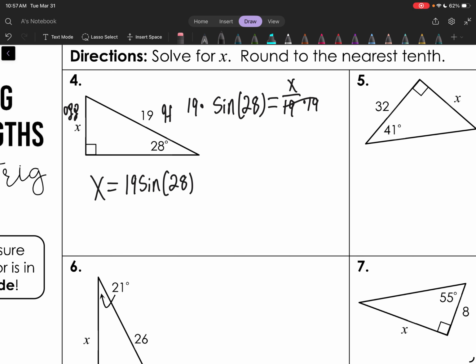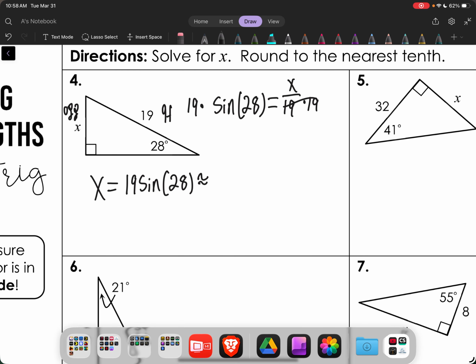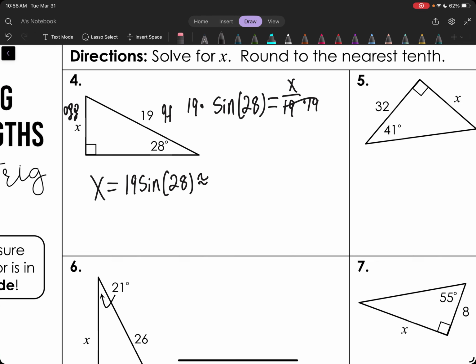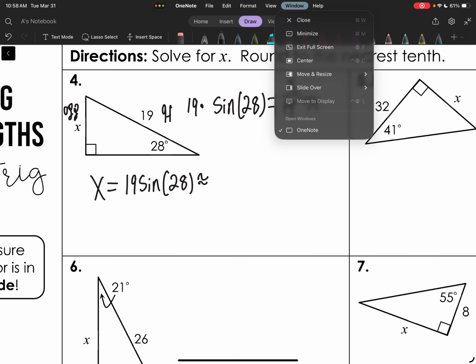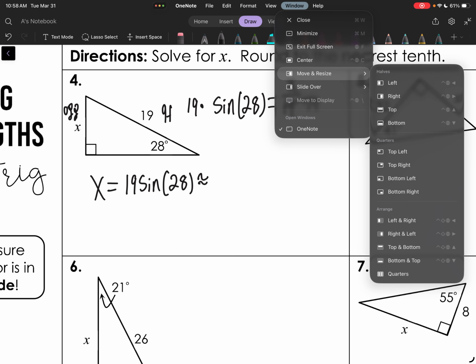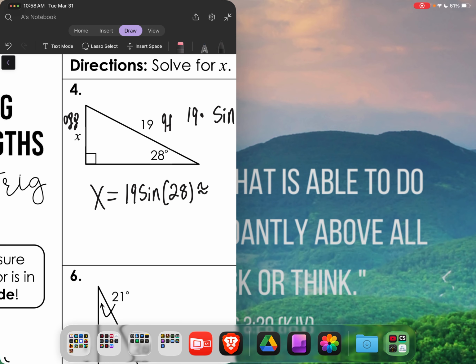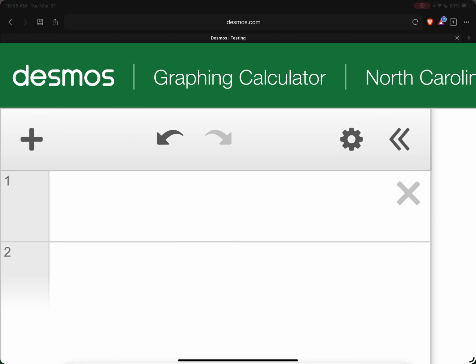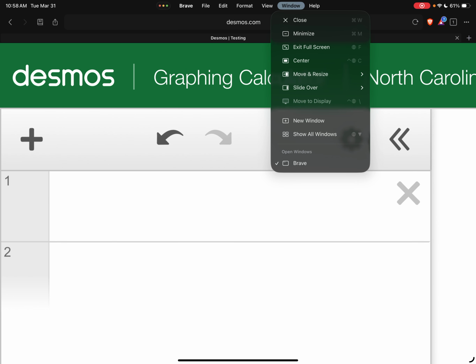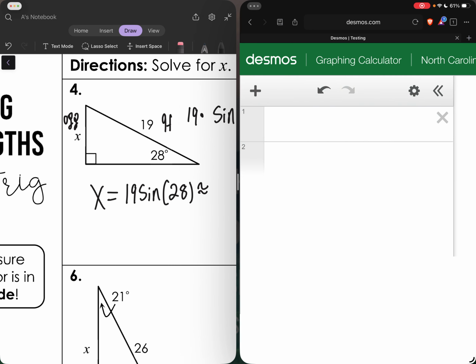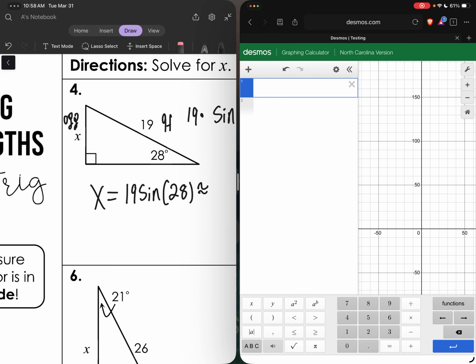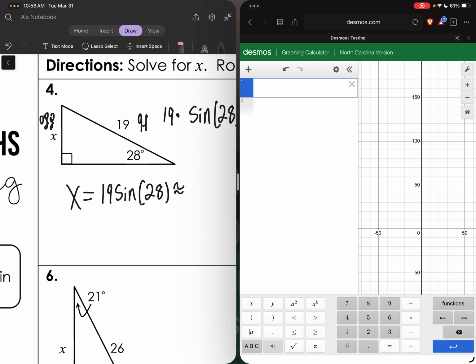All right, now if you want the approximate answer, you're going to type this in Desmos. Let me show you how. Okay, first thing to do, we have a degree.